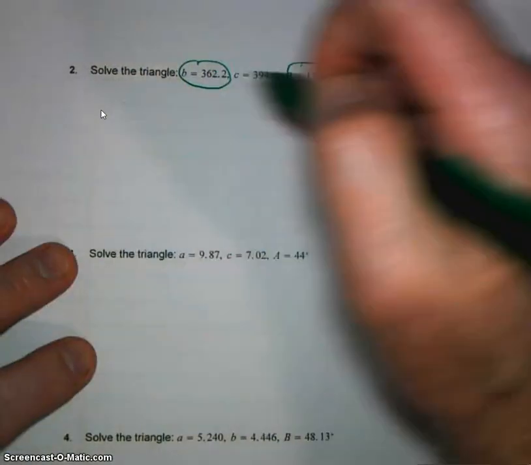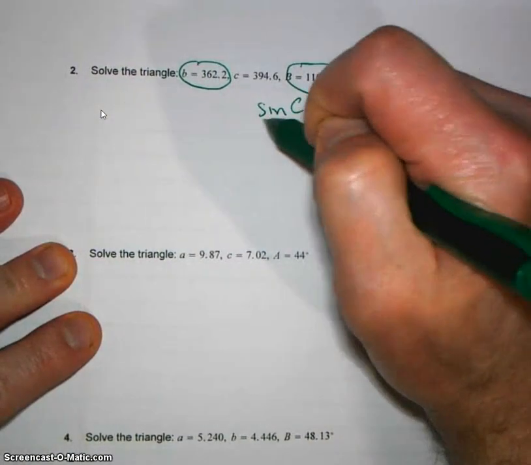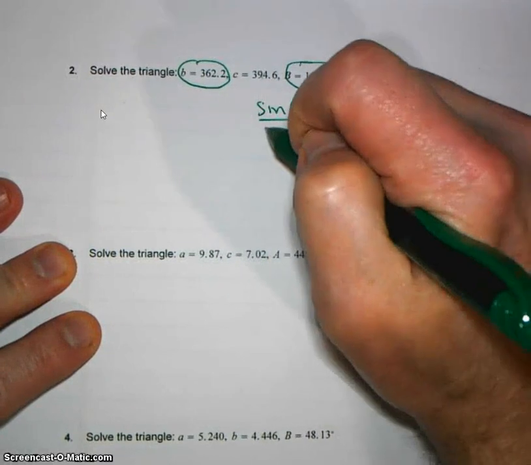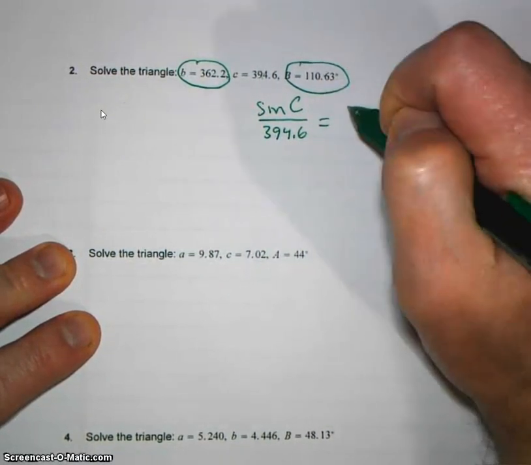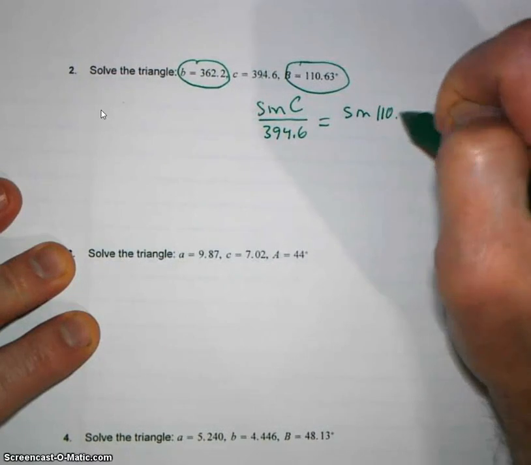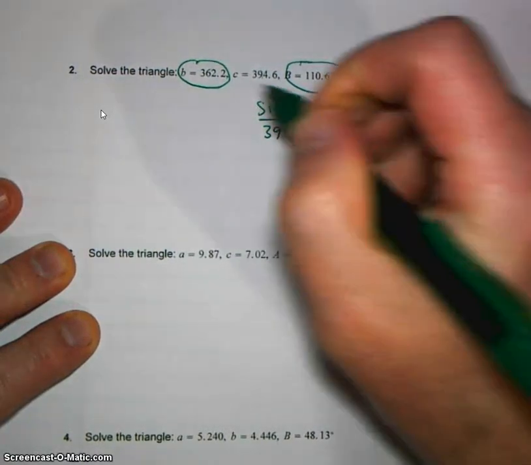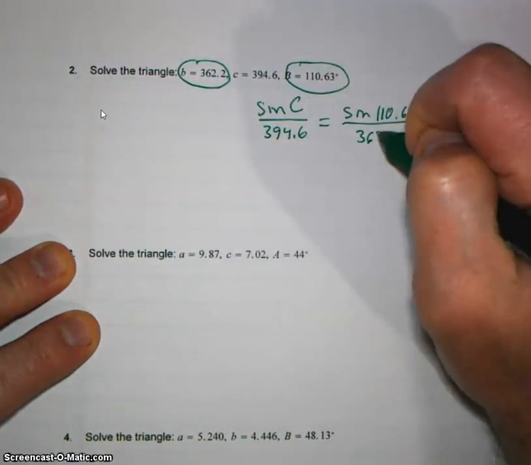So I'm going to have sine of big C divided by little c, 394.6, equals sine of B, sine of 110.63, divided by little b, 362.2.